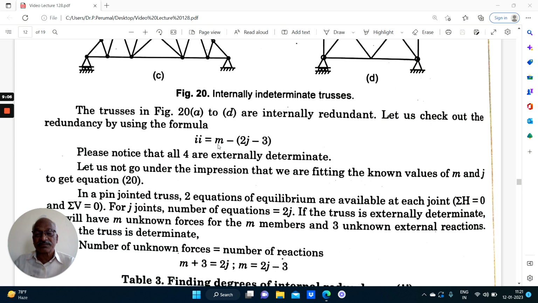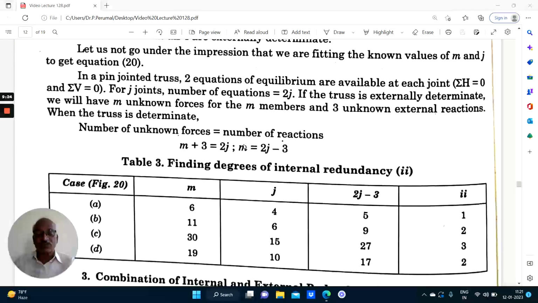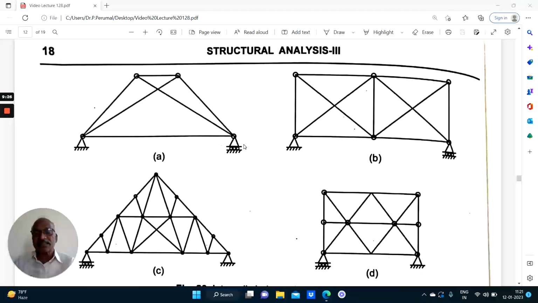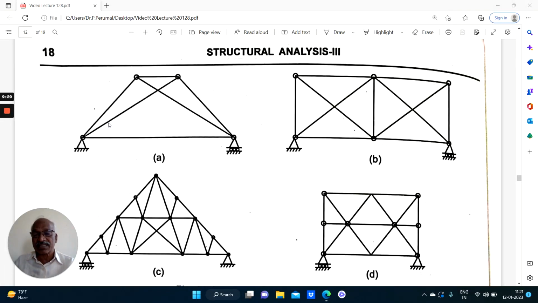I equal to that. Suppose the truss starts from a rigid joint instead of starting from a hinged support, roller support, etc. If it starts from a rigid support, then the formula will be I equal to M minus 2j only. That also we are going to discuss. Right. Now, there are some cases. Now, let us take the first example.